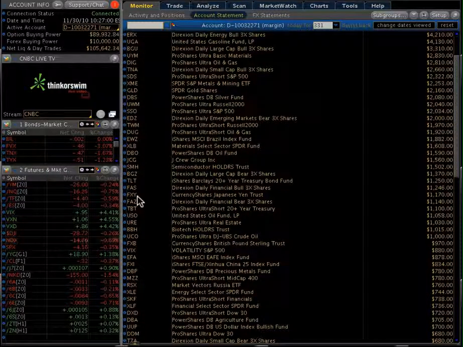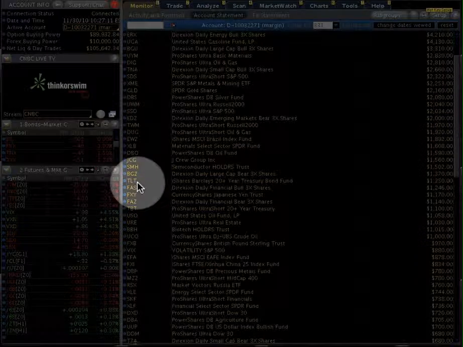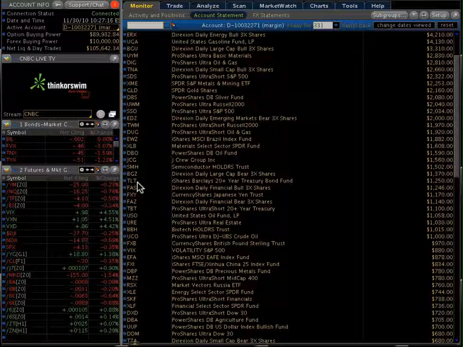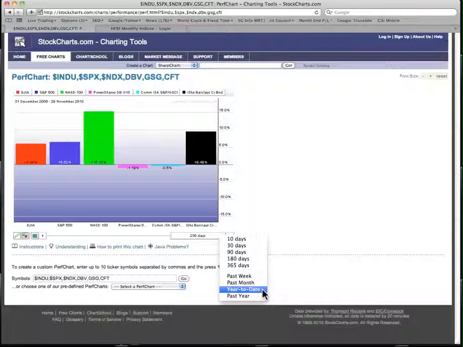I did not have to trade currencies separately, but I traded the options on the currency exchange traded funds in addition to TLT, the 20-plus year Treasury Bond Index.